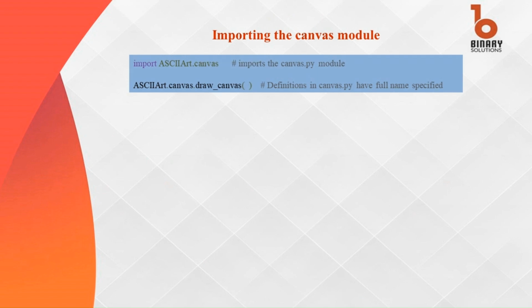First, importing the canvas module from the ASCII art package is done using the statement import ASCII_art.canvas, which grants access to the entire canvas.py module. When calling a function from this module, such as ASCII_art.canvas.drawCanvas, the full name of the module is required to specify the location of the function, providing clarity and avoiding any ambiguity.